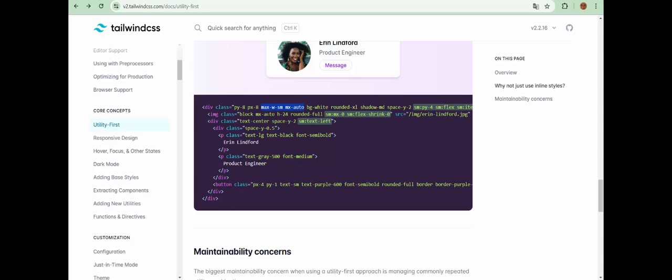And here, look at the spaces, you can see shadow, you know about it, what is it? Y dash 2, it is padding vertical, and rounded, very well known.